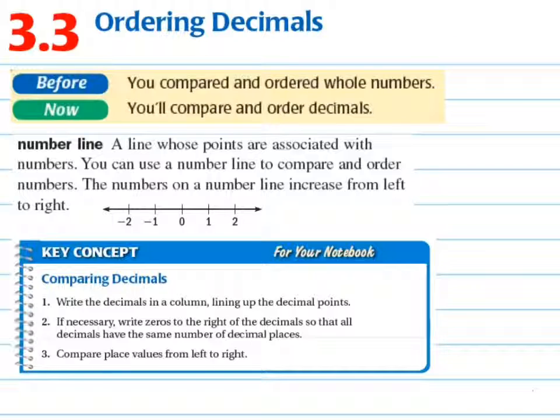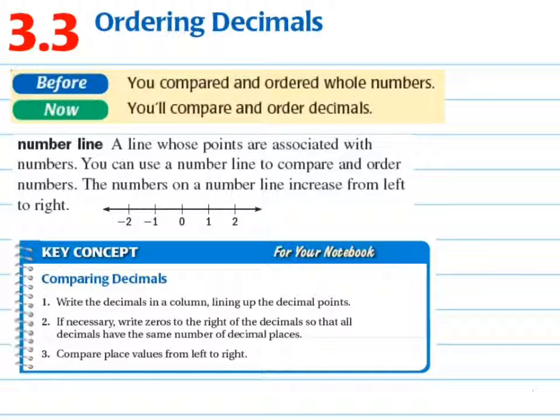Also, let's talk about the key concept for today's lesson. In order for us to compare decimals, the very first thing we want to do is write the decimals in a column, lining up the decimal points. Remember, columns go up and down, rows go left to right. Second, if necessary, write zeros to the right of the decimals so that all decimals have the same number of decimal places.